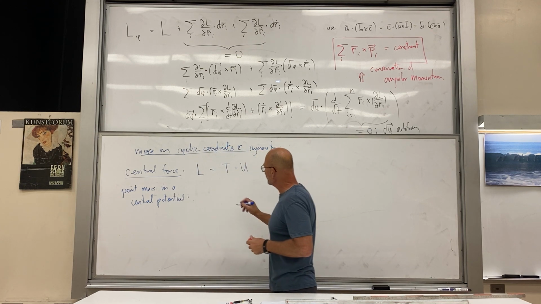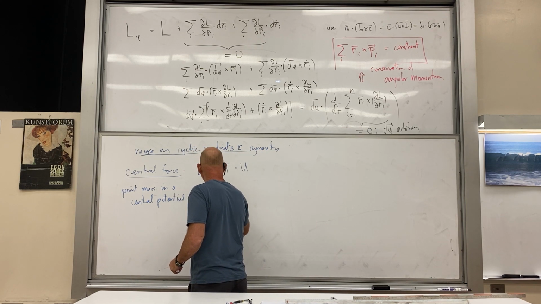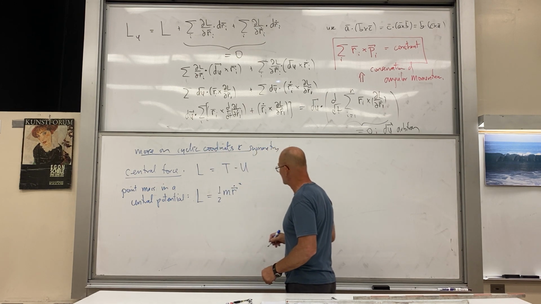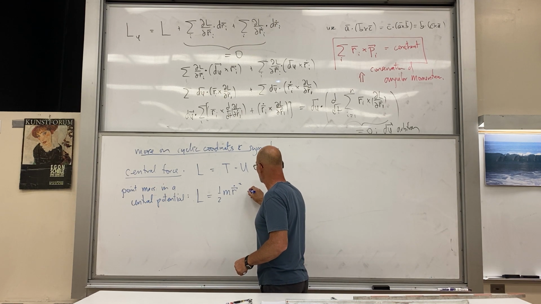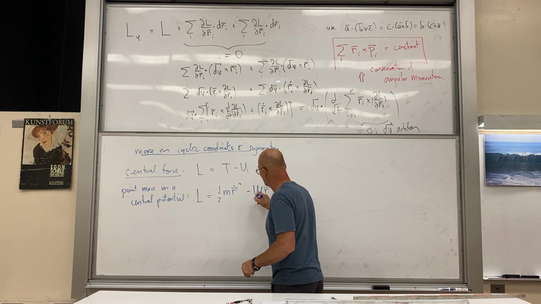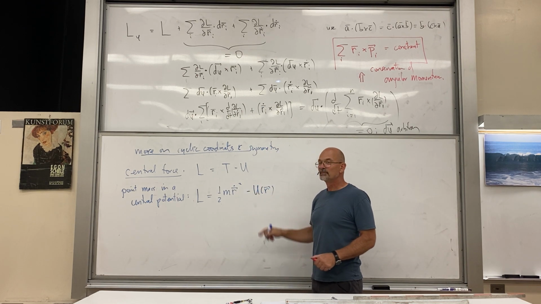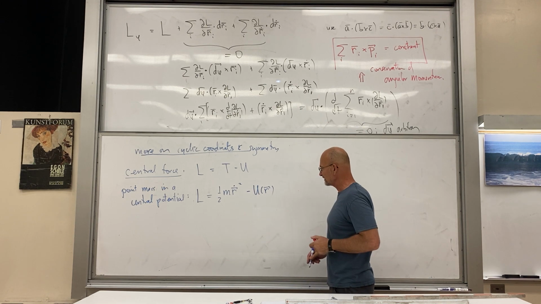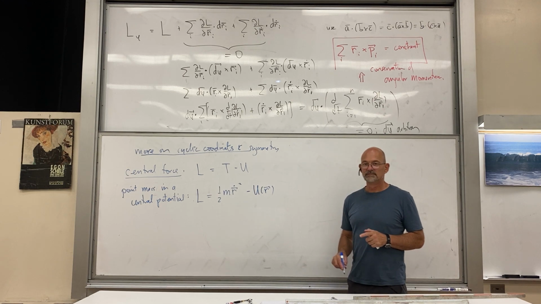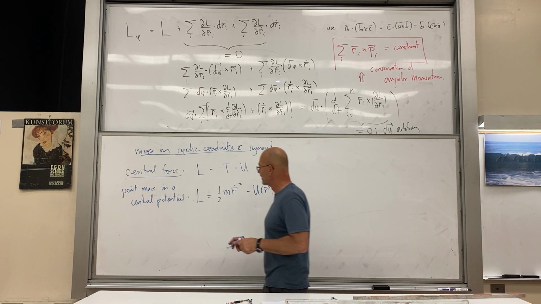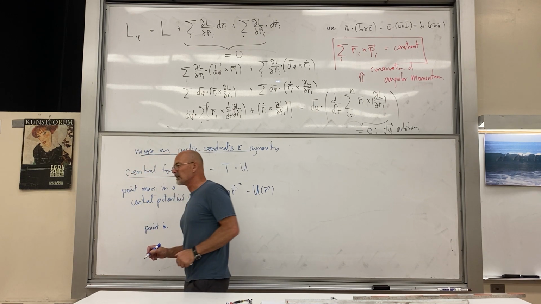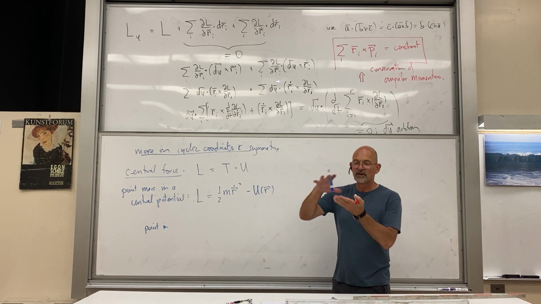Okay. So what would we have here? We would have L equals 1/2 M R dot squared minus U of R for starters. That would be kinetic energy minus potential energy. Now suppose we're in free space. We know, after all, our conservation laws put us into two space, right?